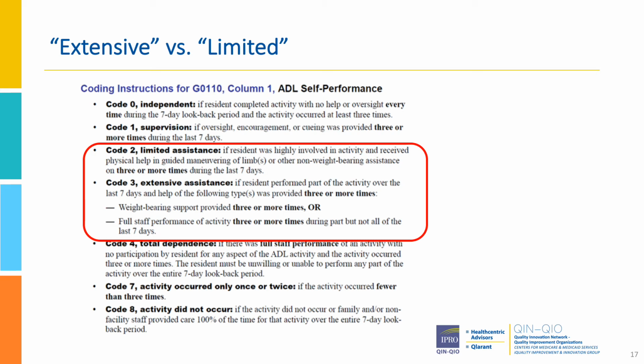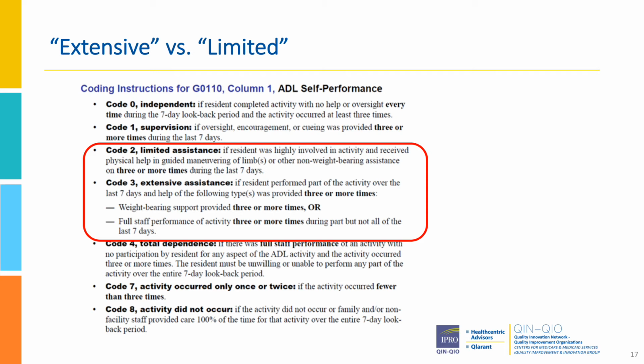Now here is a screen print directly from the RAI Manual specific to the coding of extensive assistance versus limited assistance. Remember that the high-risk pressure ulcer quality measure is looking at any code of 3 or higher in the self-performance area, specific to either bed mobility or transfer, as a risk factor in the development of pressure ulcers.